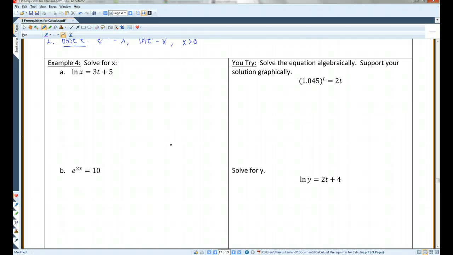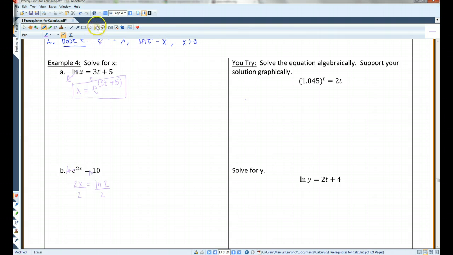Okay, so if we were to go about solving for x, there it is. To get rid of this ln, I'm going to take e of both sides. So that cancels out, and I'm left with x equals e to the 3t plus 5. Done. Over here, to get rid of the e, I'm going to use ln. So I have 2x equals ln of 10 divided by 2. Oop, this should be a 10 over here.